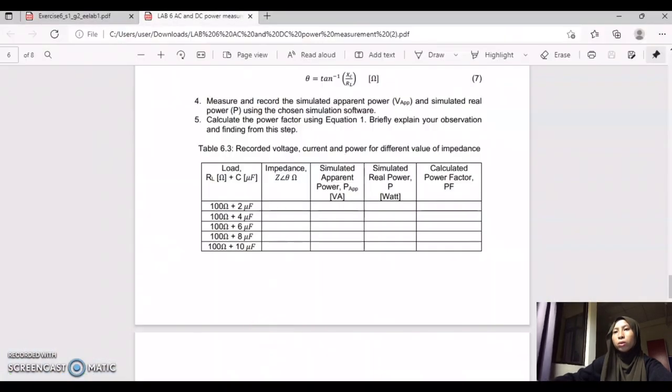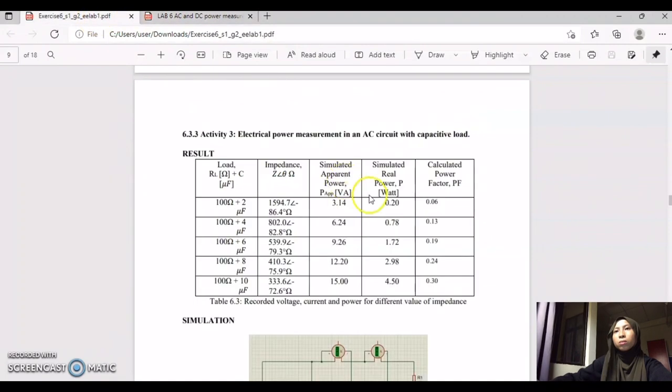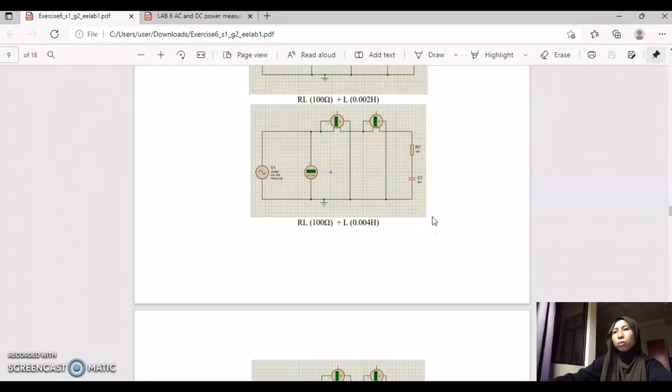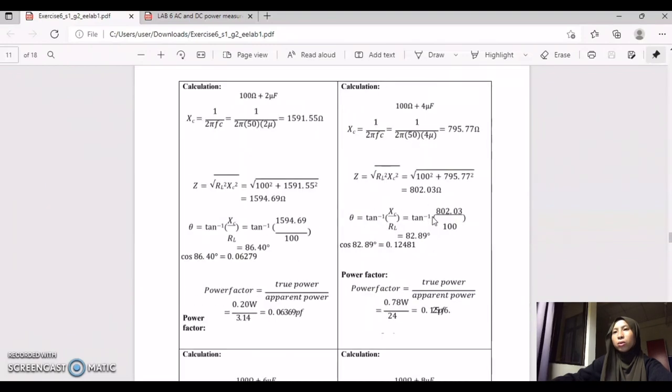So we move to the table. Here we put all the results. For the calculated power factor, PF, we use formula calculation: we need to find XC, then the impedance Z, then theta, and the last one is the power factor.